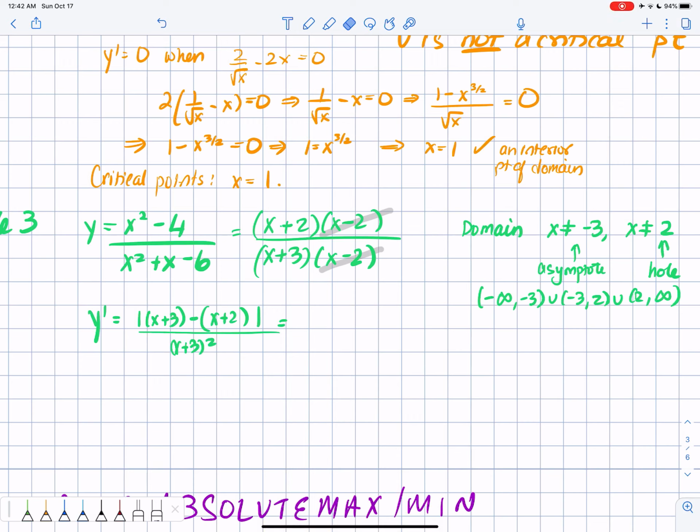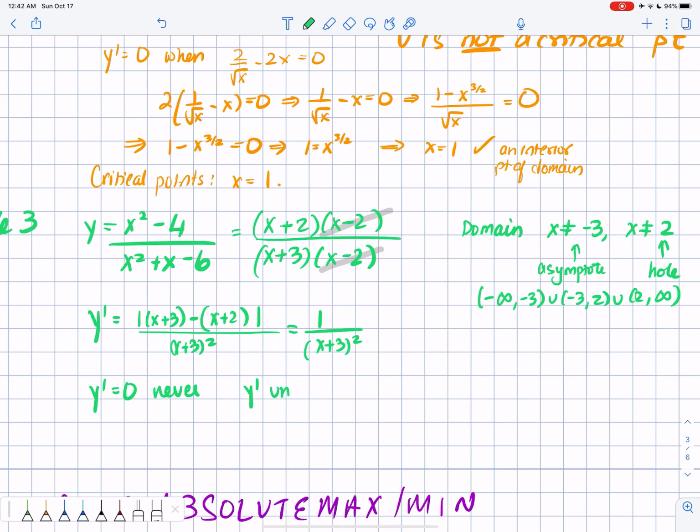If you work this out, this turns out to be x plus 3 minus x minus 2. So it's just 1 over x plus 3 whole squared. Okay. So now we can see y prime is never 0.